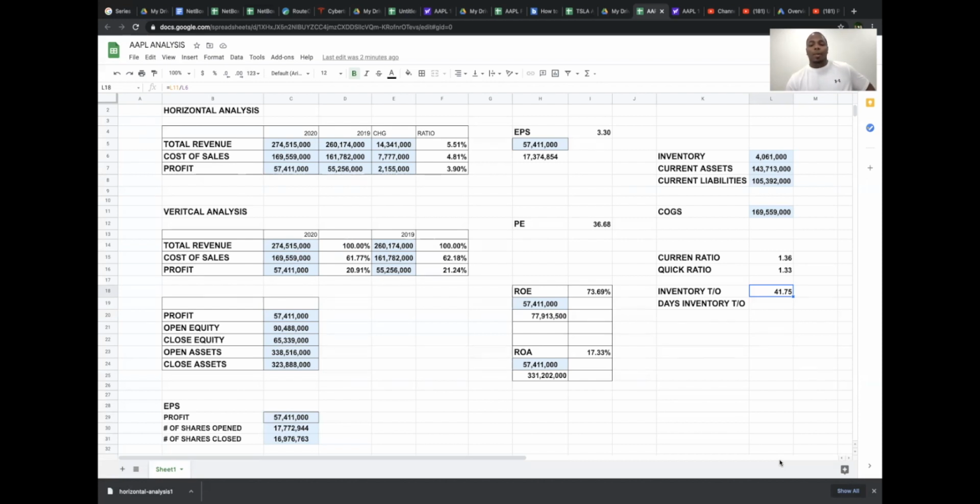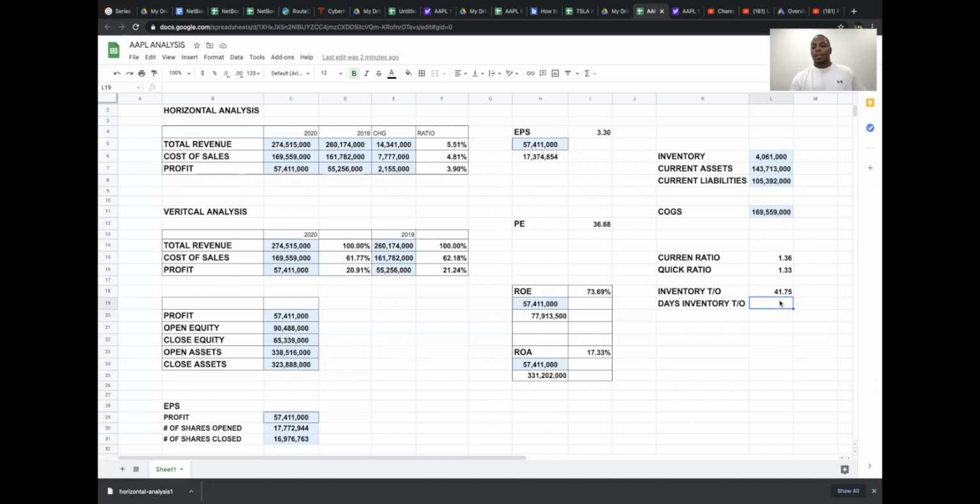That's why you always have to do your DD, and it always has to be relevant to the company, right? If a company is making $3 to $4 in margin, or $100 in margin per product, and only turns over its inventory 3 times a year, that company's not making much money. They're not doing very well. But a company like Apple, which turns over its product 41 times a year, is doing pretty great, right?